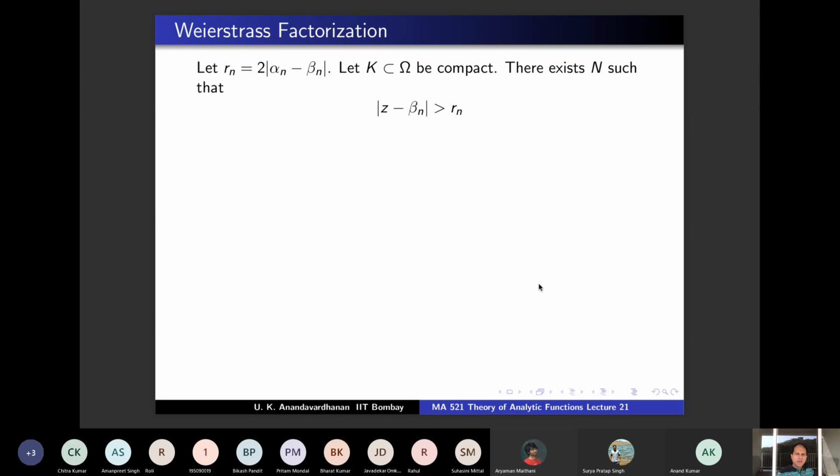So there exists some capital N such that mod of z minus beta n is bigger than Rn, for all z in K and for all n bigger than or equal to N. Why is this true?